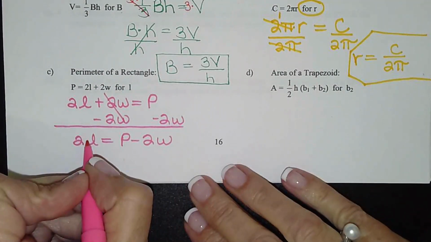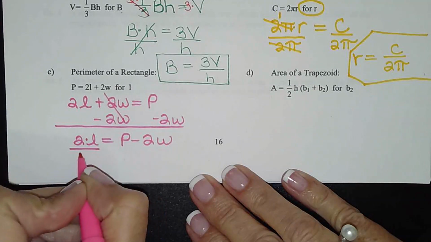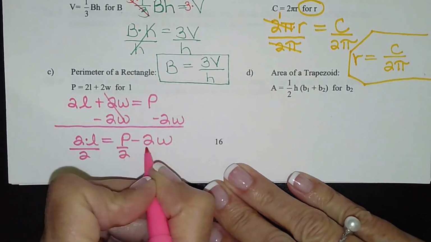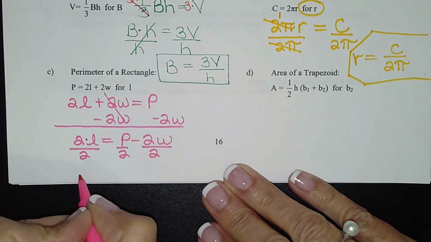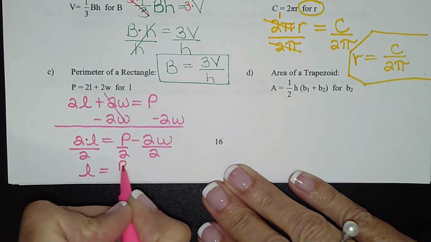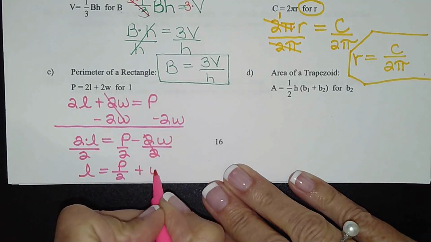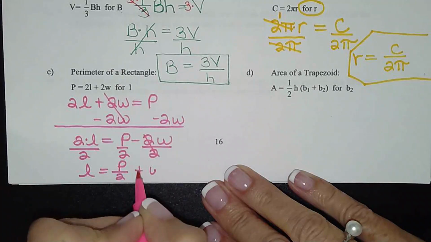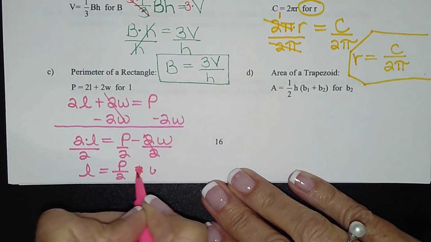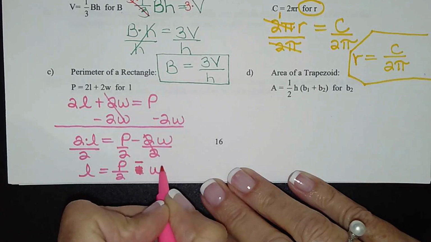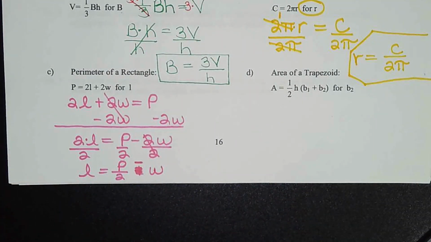So one way you can do is divide by 2, divide by 2, divide by 2. And so you get L equals P over 2 minus W. So that's one way.